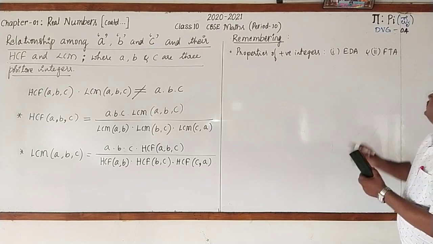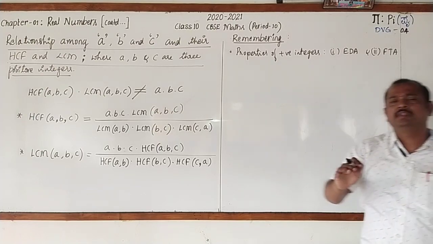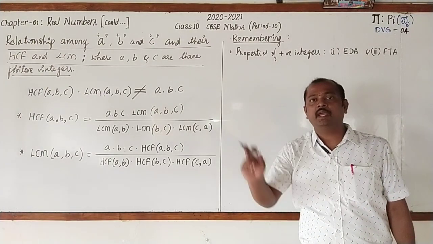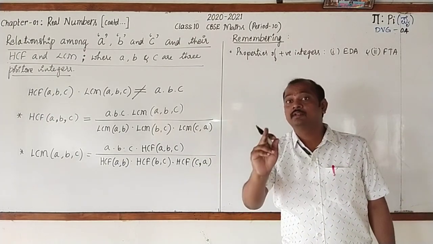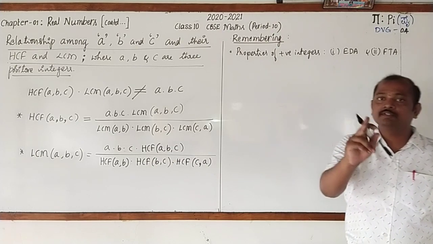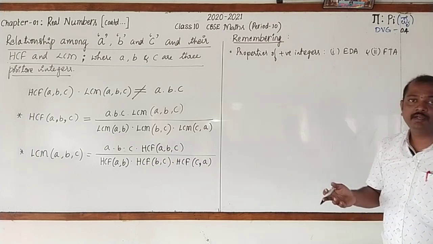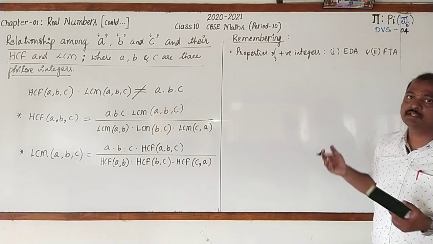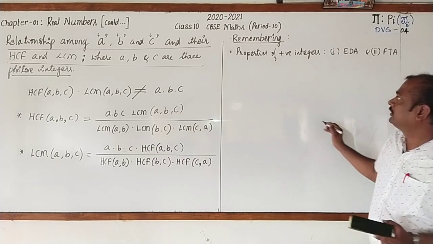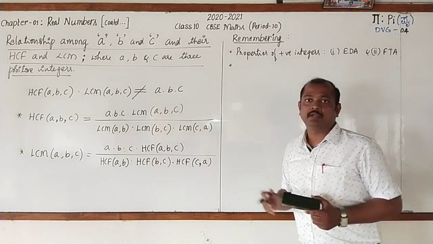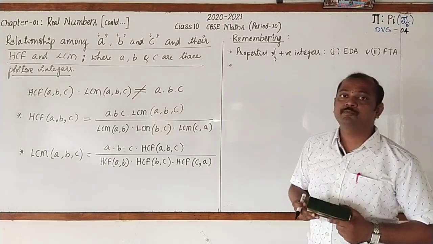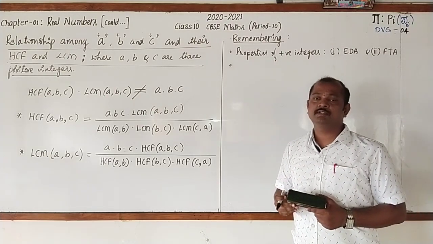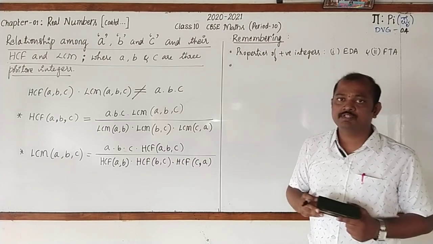Similarly, FTA states that every composite number can be expressed as the product of its prime factors, and this prime factorization is unique apart from the order in which the prime factors occur. Clear? Next, second important point. Here they may ask you to find out the HCF of given two positive integers by Euclid's division algorithm.